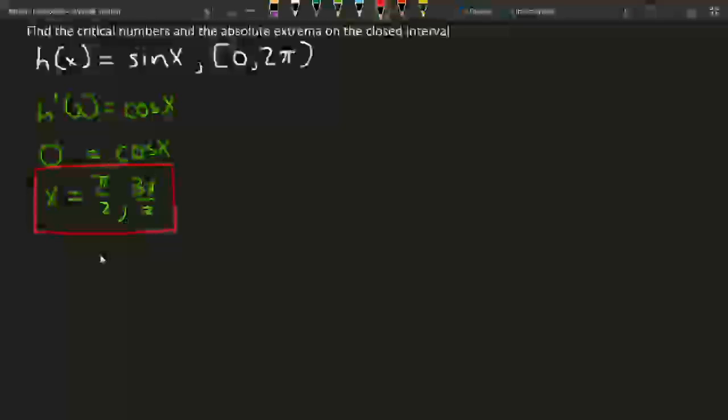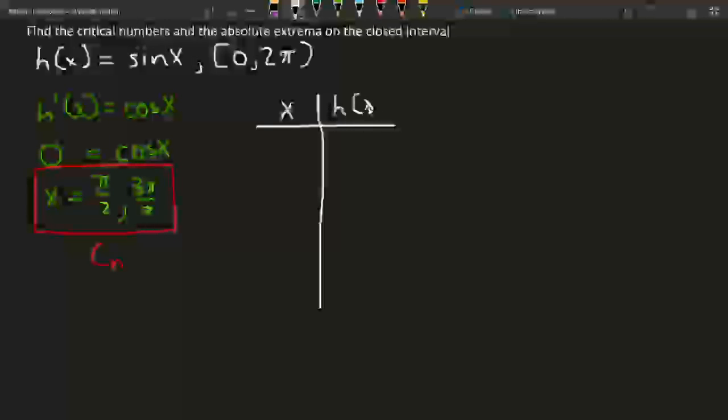So now that we have our critical numbers, we have to find our absolute extrema. In order to do that, we can make a table. So if we make a table of x and h of x, we plug in the values now. So let's start with the lowest value here, which in this case is 0.